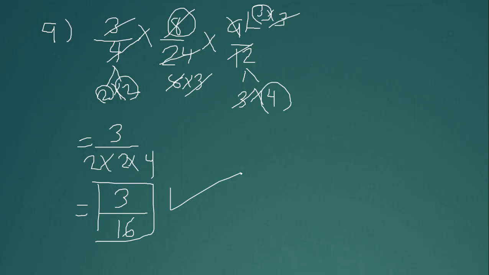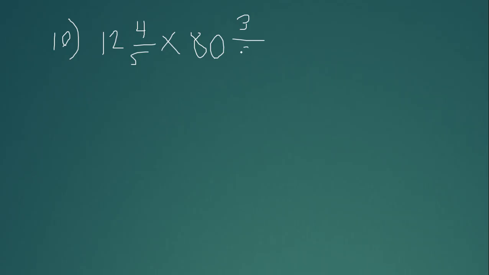Okay, so number 10. How about if we have 12 4/5 times 8 3/8? So multiply and plus, multiply and plus. 5 times 12, 5 times 6, 10, 5 times 1, 5, plus 1, 6, plus 4, that is 64.